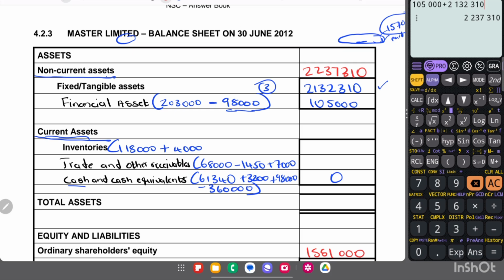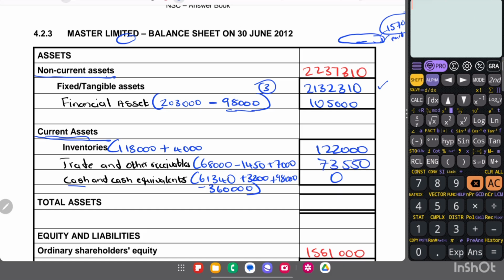Let's go and get our current asset now. Inventory is gonna be 122,000, and then trade and other receivables is gonna be 68,000 minus 1,450 plus 7,000. I'm getting 73,550.